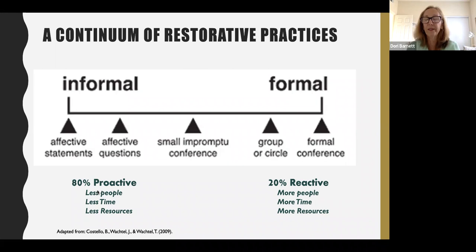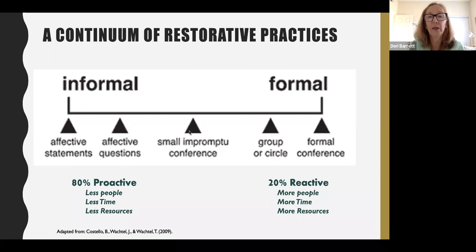Informal restorative practices are very simple. They don't take much time. You can just do them on the spur of the moment. You don't need to organize anything or a meeting. And we're going to learn about those. Examples of informal restorative practices that we're going to review today would be effective statements and effective or restorative questions, which we can just do tomorrow or Monday when we go back to our settings.